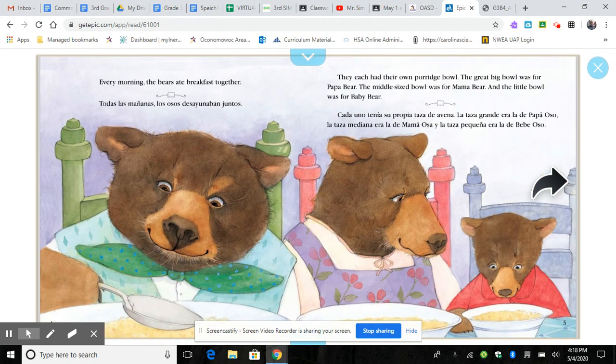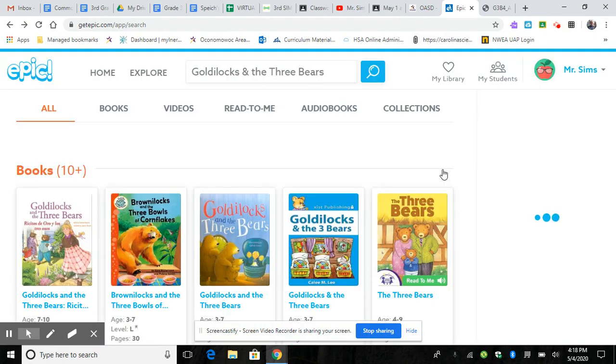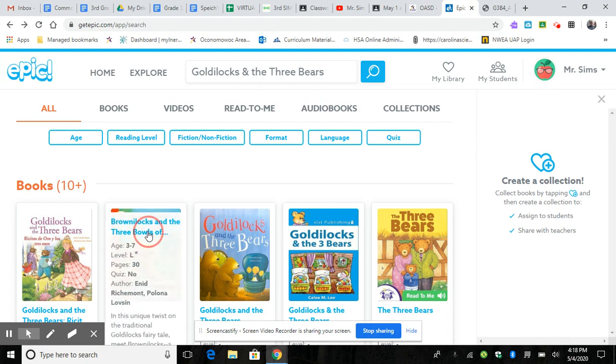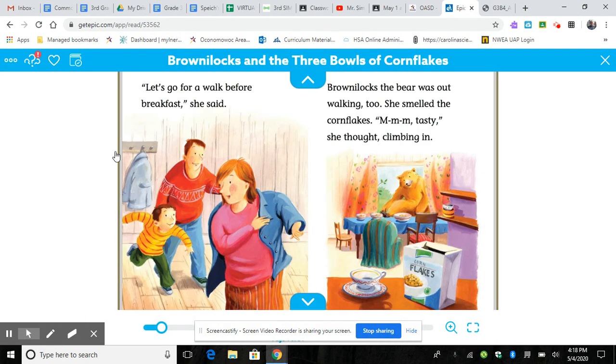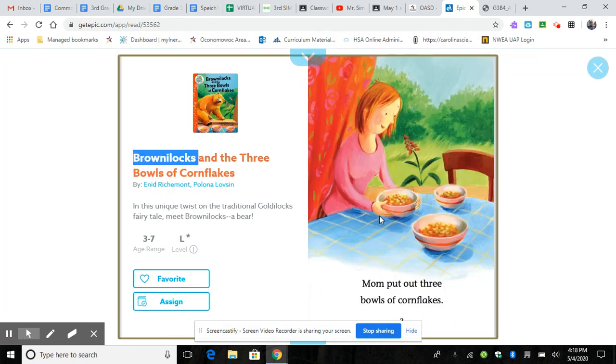Okay, so now we're going to plan on what's happening next. What do we want to change in our story? Well, if we go back and we look, we were talking about Brownie Locks and the Three Bowls of Cornflakes. Okay, so what did we change if I had written Brownie Locks and the Three Bowls of Cornflakes in my fairy tale that I'm adapting, which was Goldilocks and the Three Bears?